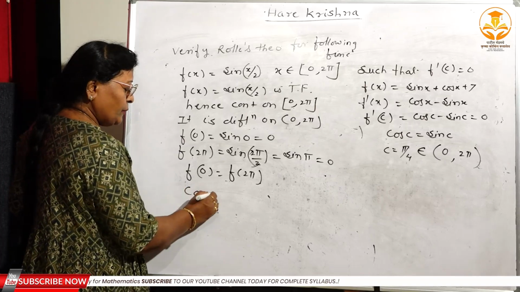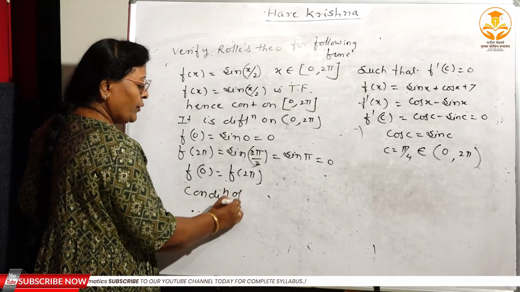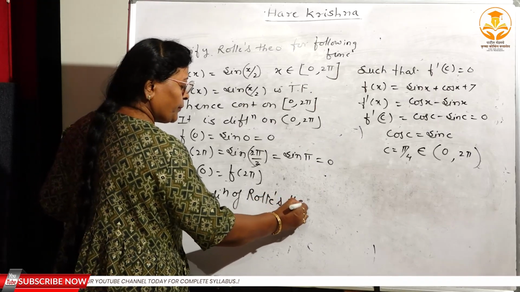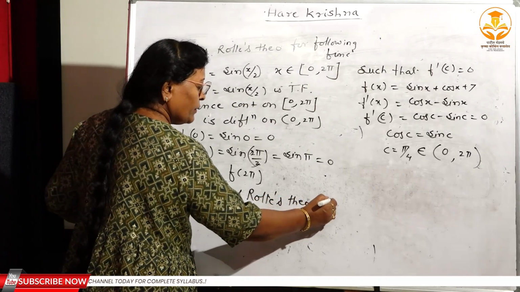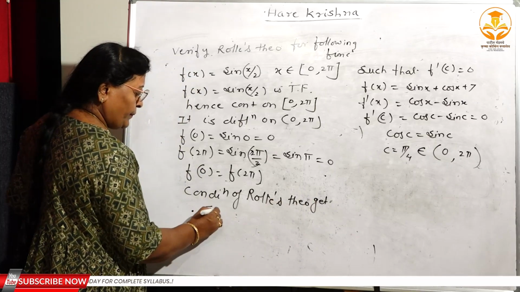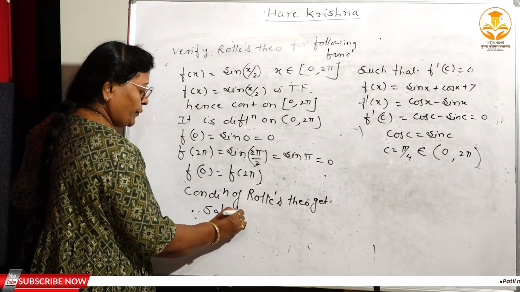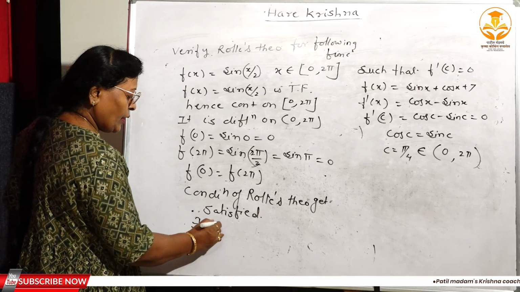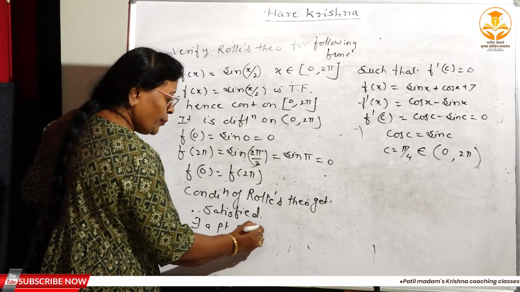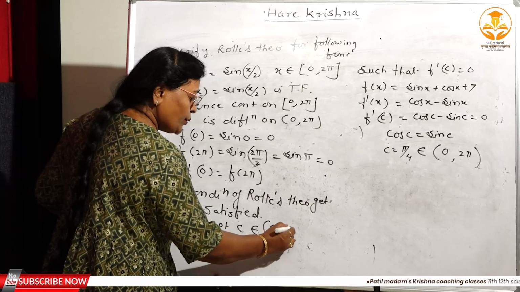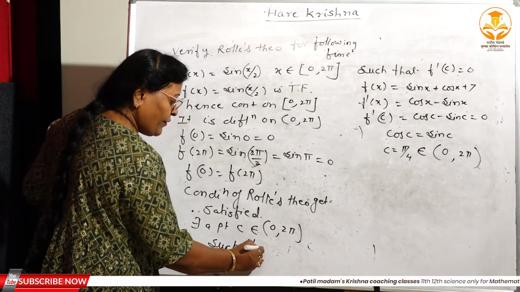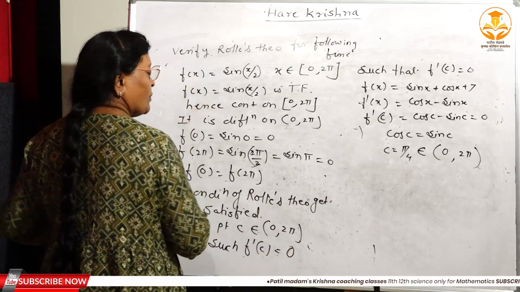Therefore the conditions of Rolle's theorem get satisfied. There exists a point c that belongs to the open interval 0 to 2 pi such that f dash c is equal to 0, right?